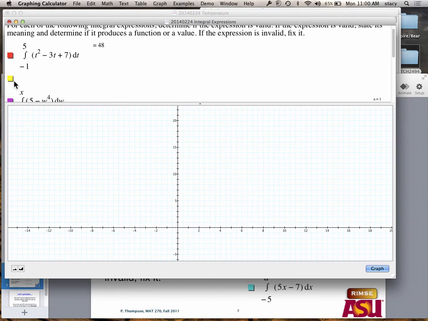Okay, so when you say plugging it into our equation, we need to be careful about whether or not we're talking about the rate function or the accumulation function. The rate function. Okay, so let me define r of x to be x squared minus 3x plus 7.